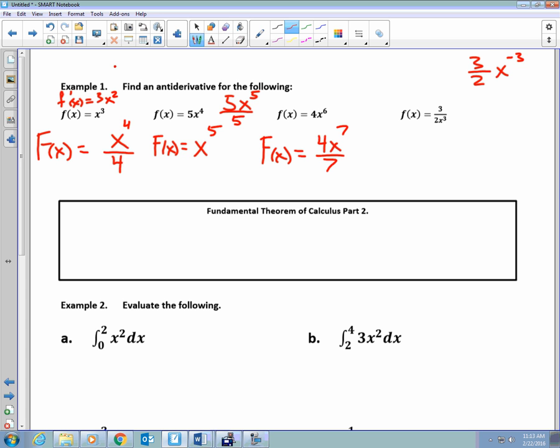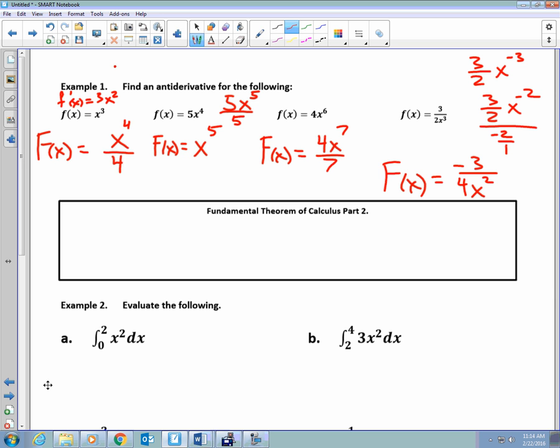When you increase it by 1, you get x to the negative 2 divided by negative 2 over 1. Now I should multiply by the reciprocal, and I get big F equals negative 3 over 4, and I'll drop the negative to the denominator, so negative 3 over 4x squared.